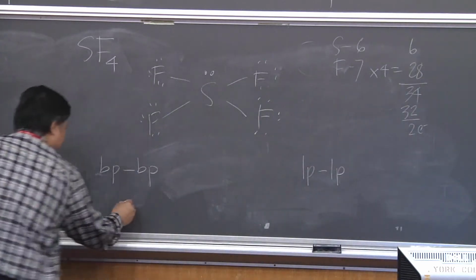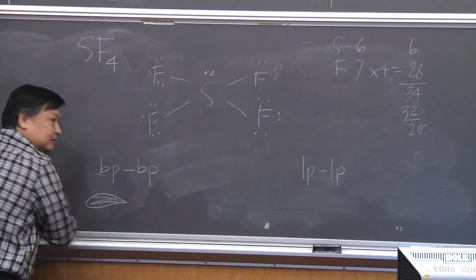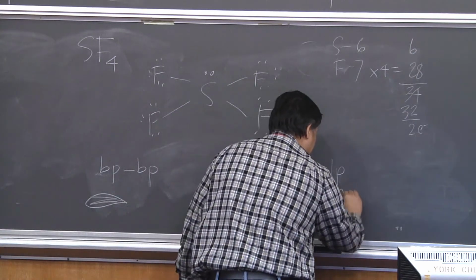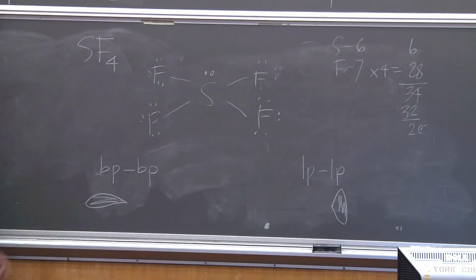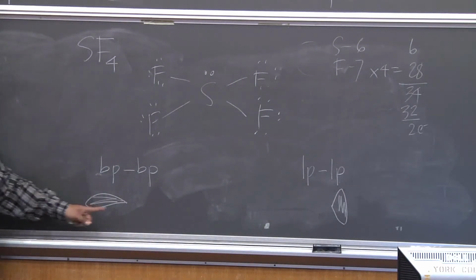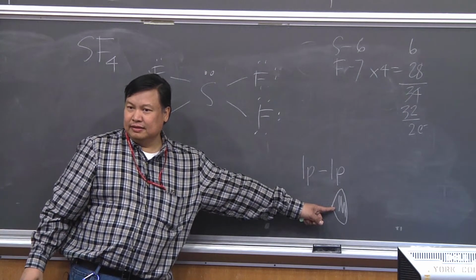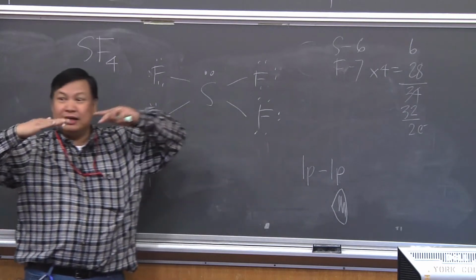For a bonding pair, the electron is slightly distributed like this, right? For a lone pair, how is the electron distributed? It's just on that one atom, right? So if you have 2 of this next to each other and 2 of this next to each other, which one has a higher repulsion? This one, right? Because they're going to be more crowded.